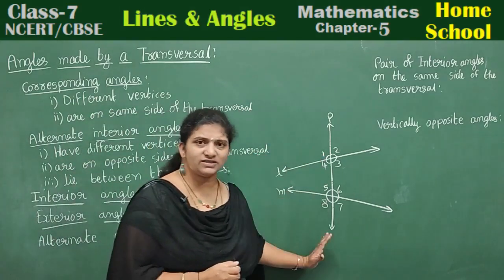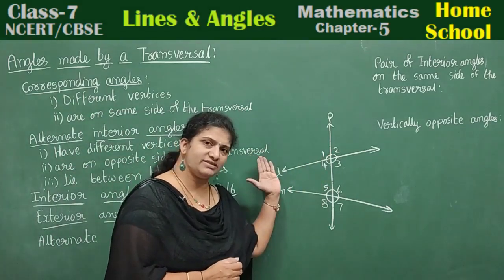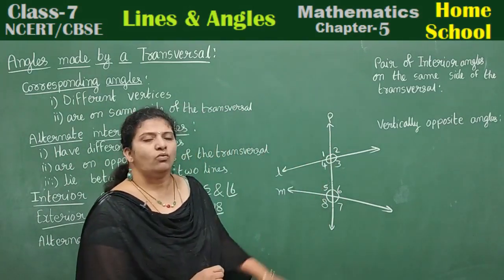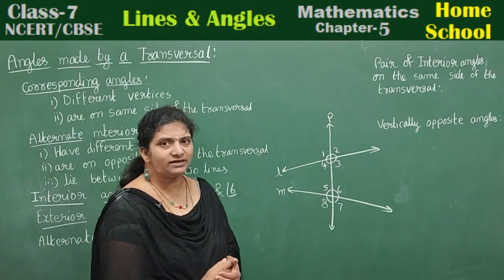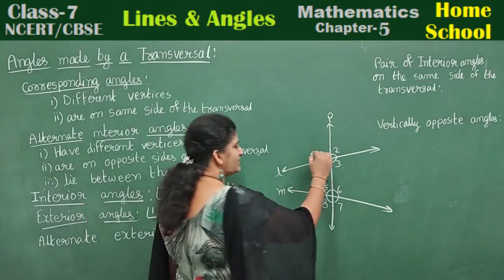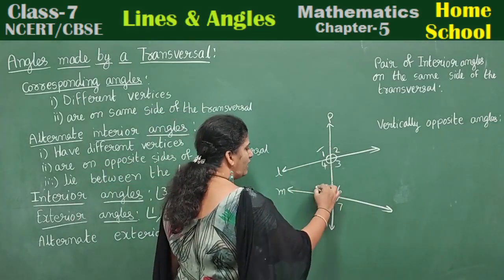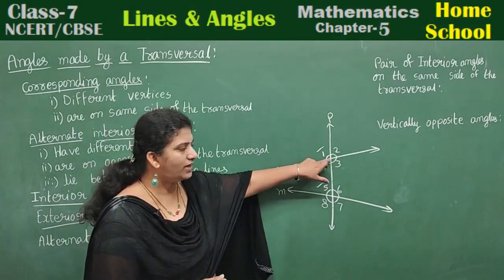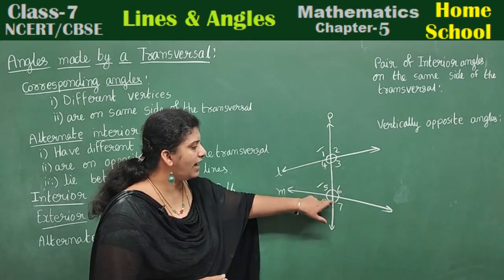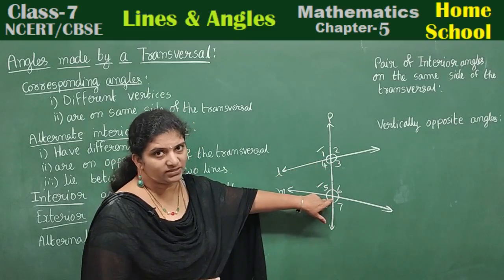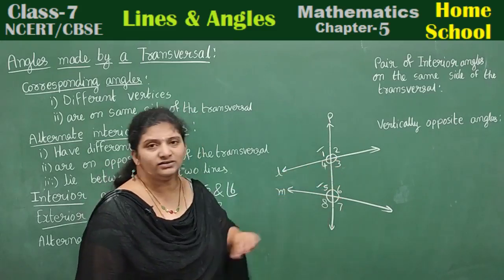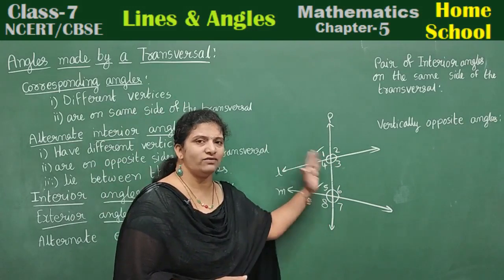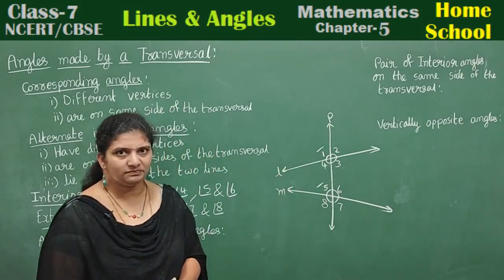This is a transversal, right? Either it may be this side of the transversal or that side. What are the corresponding angles here? Identify. I can say angle 1, angle 5. Angle 1 is at this vertex and angle 5 is at this vertex. The 2 vertices are different and the angles are lying on the same side of the transversal.